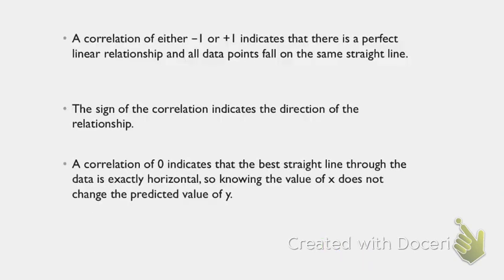Moderately. So if you had a correlation of exactly -1 or exactly +1, that would mean a perfect linear relationship.